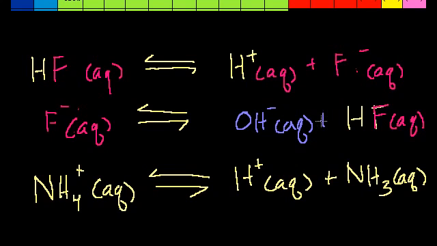Now these might look different. This one is donating a hydrogen to the surrounding medium, and then you're left with just the fluoride ion, while this one is essentially creating a hydroxide ion out of the surrounding medium, so it looks basic. But if you think about it, these reactions are the same. You could have just gone in the reverse direction.